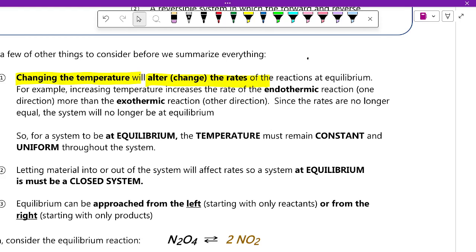If we increase temperature, both rates will do what? Both rates increase. But one rate will increase more than the other.